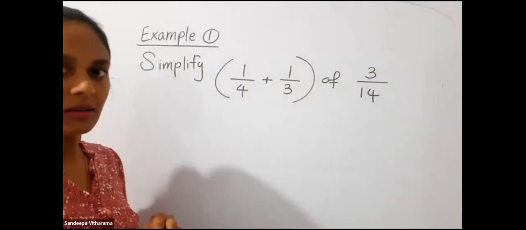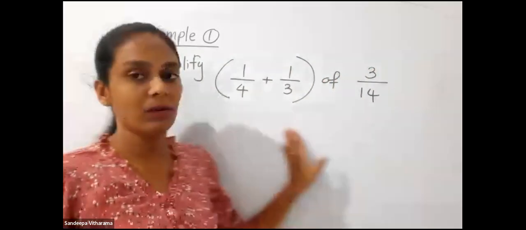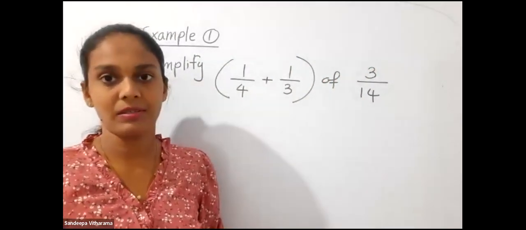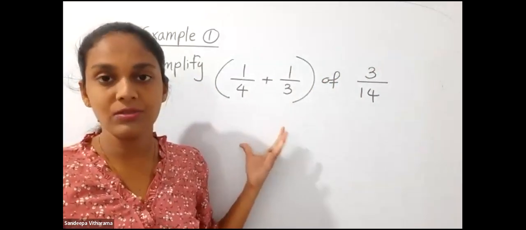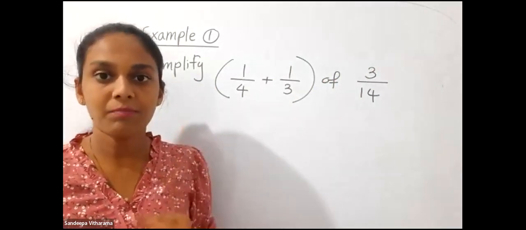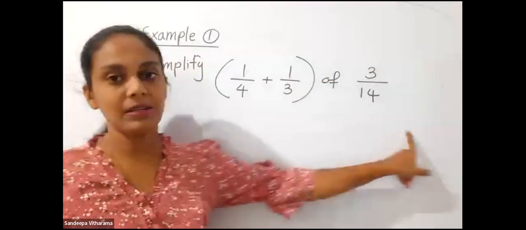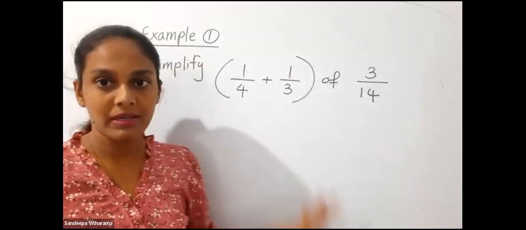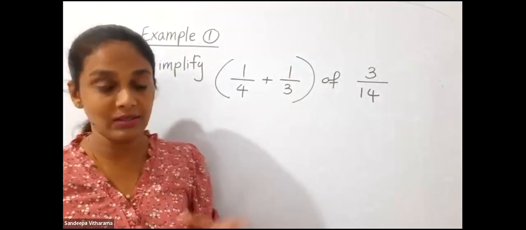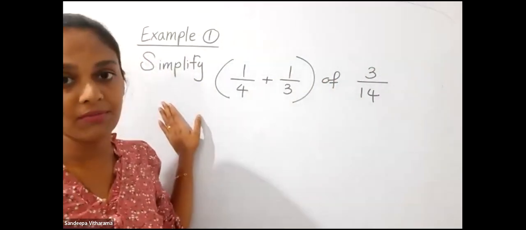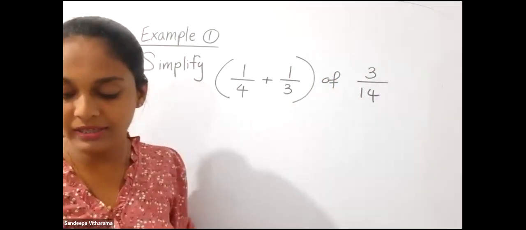Now, you have been given a particular expression. You have to simplify. That means you have to obtain one particular answer instead of this expression. මේ expression එක වෙනුවට අපිට එක answer එකක් ගන්න සිද්ධ වෙනවා. That's what we call simplification or simplify. Okay, then let's do it.